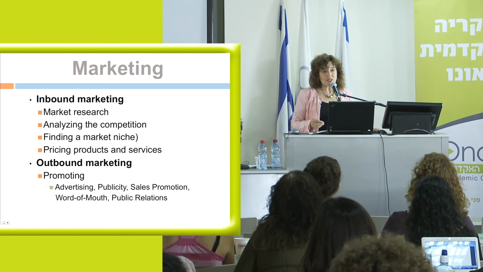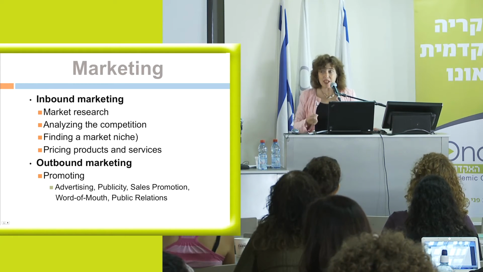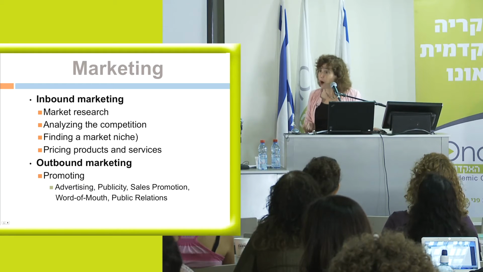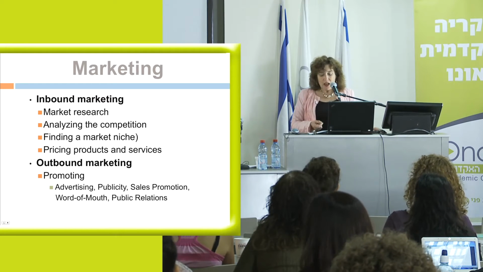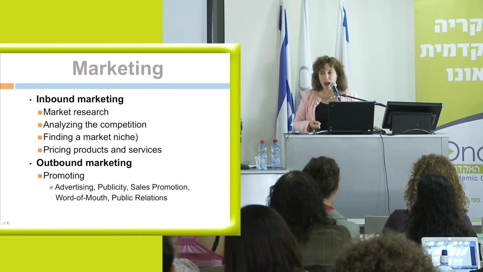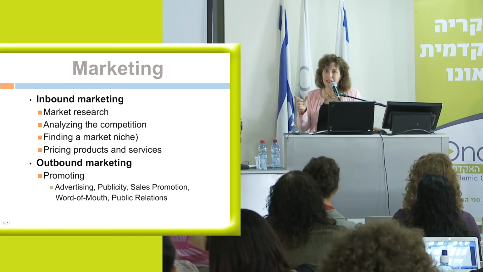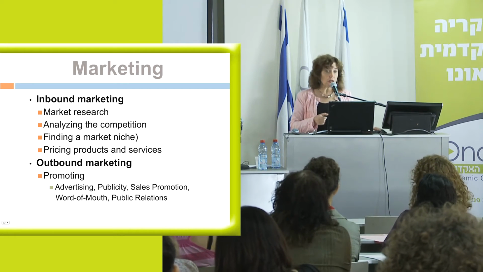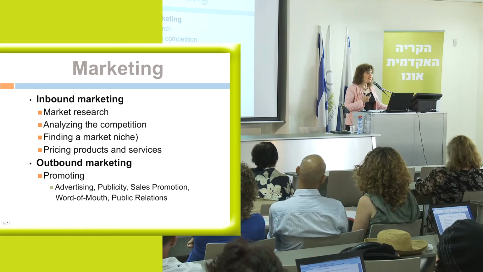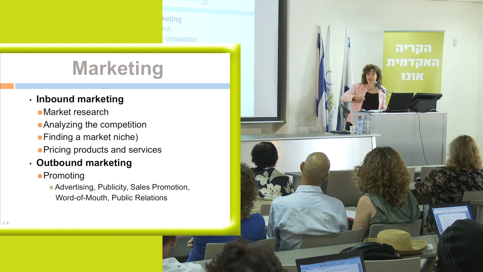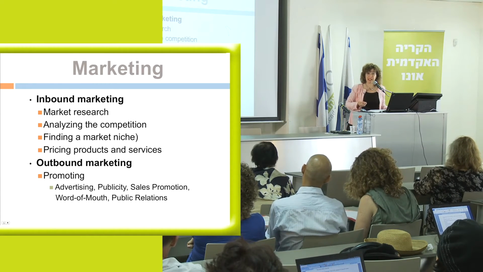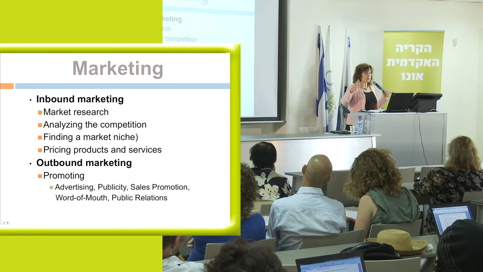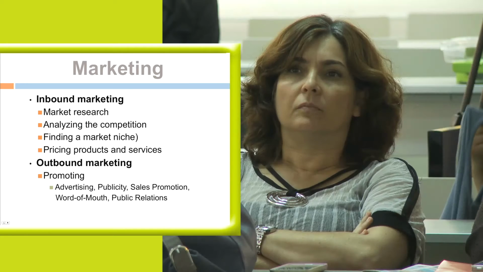Now, to understand promotion, we have to understand a little bit more about marketing itself. For example, inbound marketing, and again, market means the consumer or the customer or the client, and it could be one that we have now or potential ones. And a client doesn't have to be an individual, it can be a whole population of people.